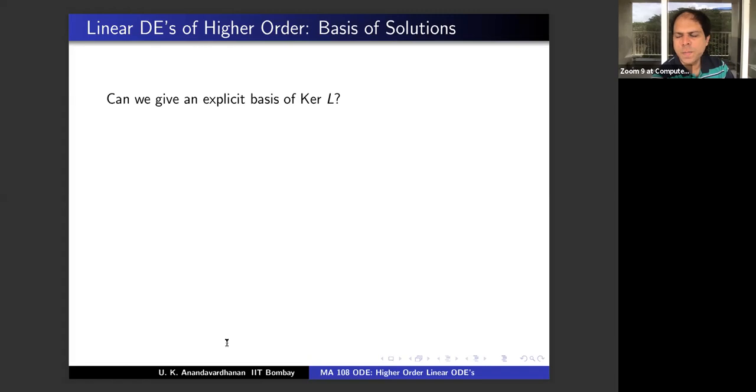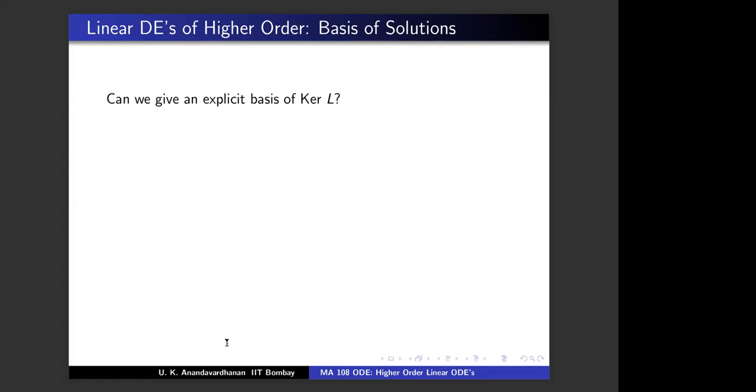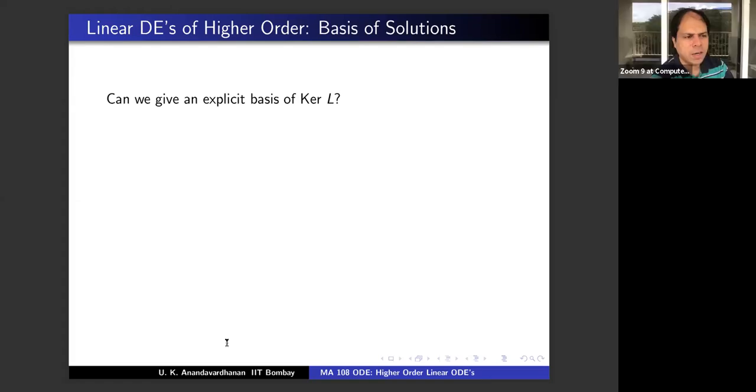If these two pairs are, what is the keyword? If these two are independent as vectors in R2, then we showed that f and g are linearly independent.